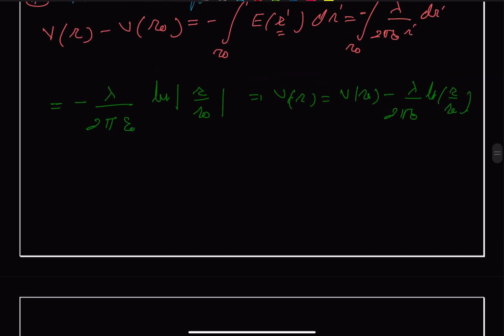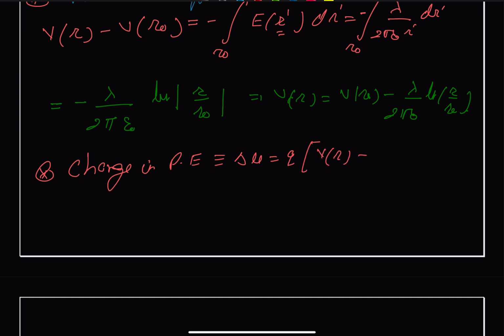So we can find the change in potential energy. Let us call it delta U, which will be equal to the charge Q times voltage at r minus voltage at r naught, which we already know.